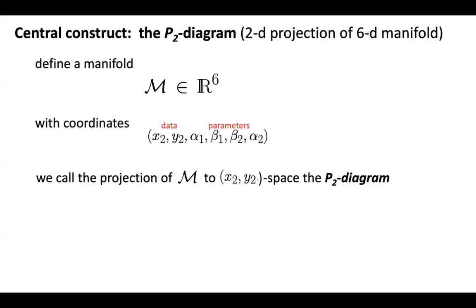And as I was hinting, we can kind of think of there being this 6-dimensional manifold of unknowns or things that we want to vary. Right? There's the 4 parameters whose values we don't know, and there's the 2 coordinates of the final data point that we want to think of as free.